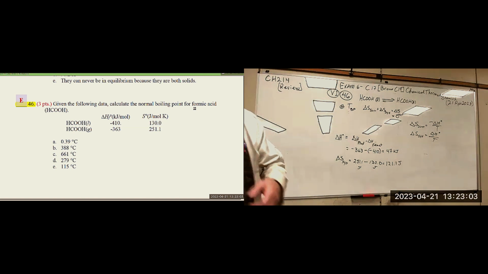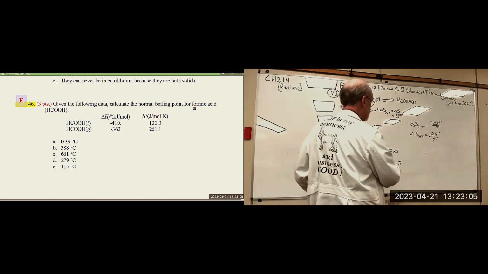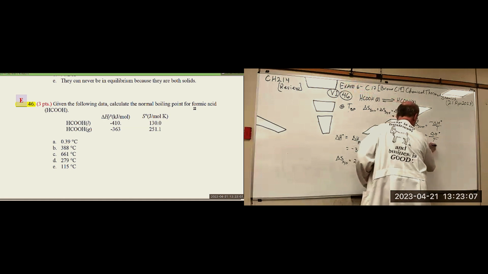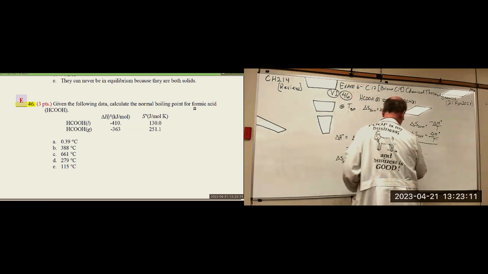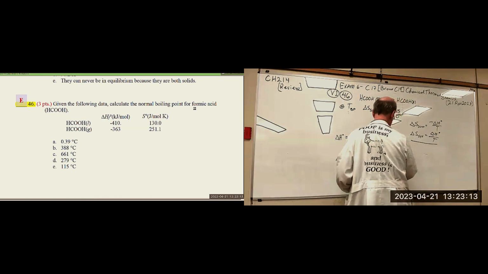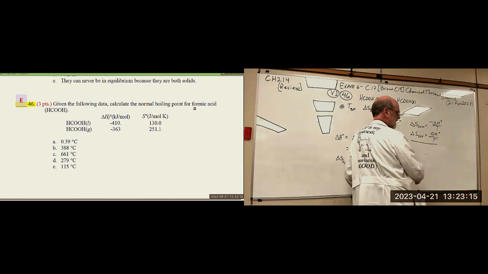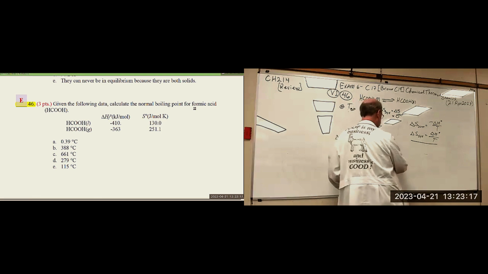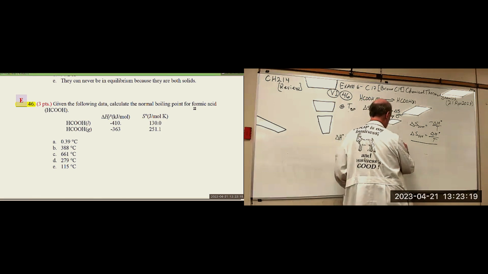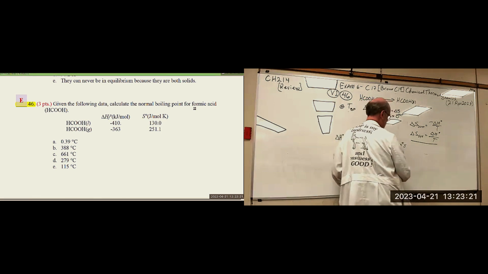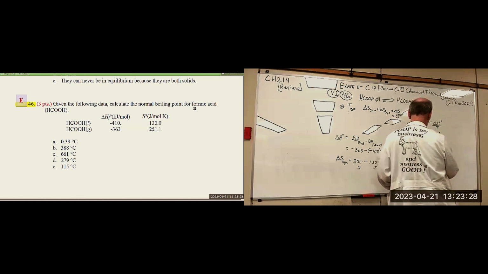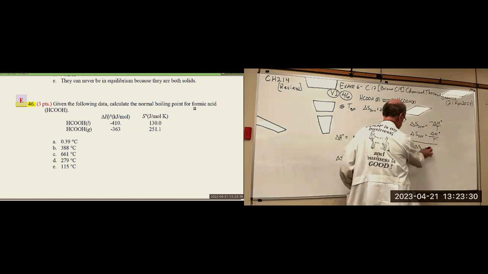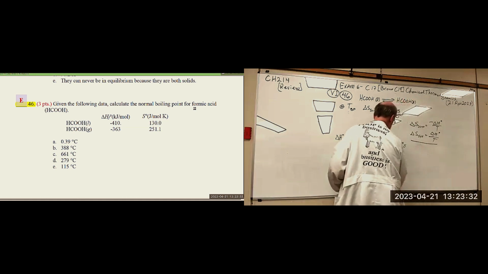So what we need is this formula right here, but this should be in joules. So what is that in joules? 47 times 10 to the third is 4.7 times 10 to the fourth joules. Plug in the numbers.